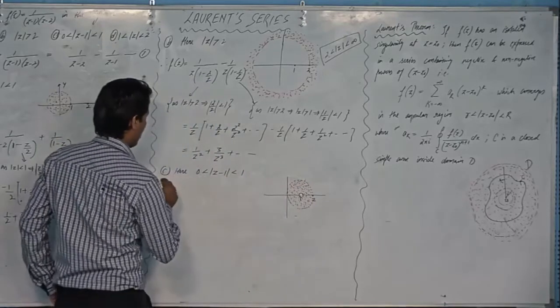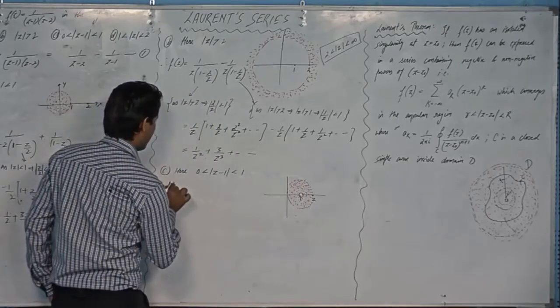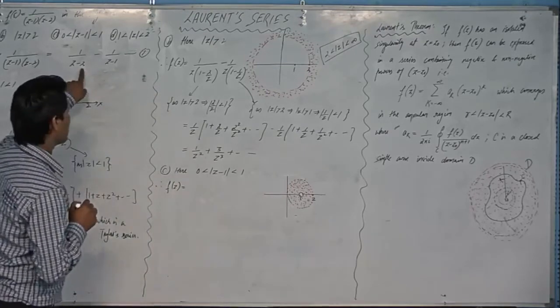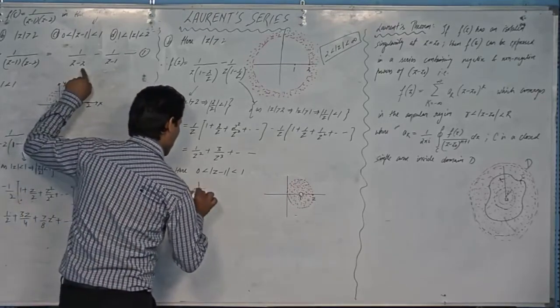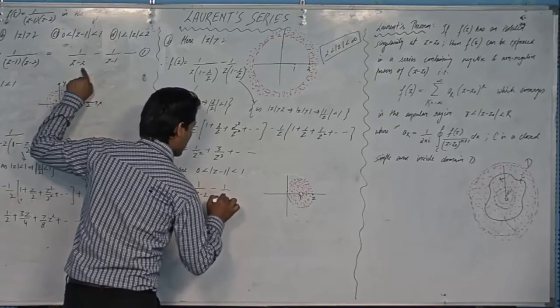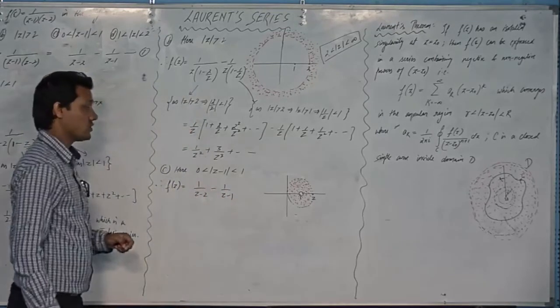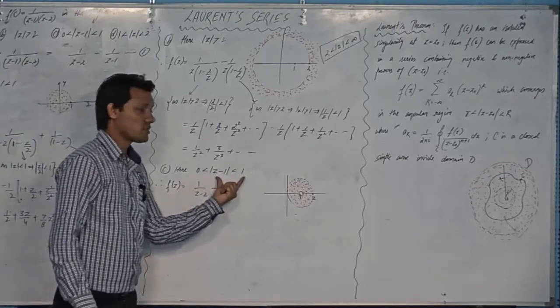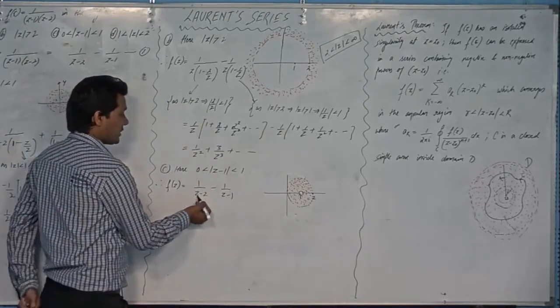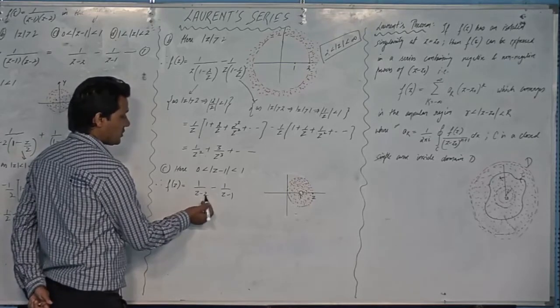Now, therefore, f(z) equals, where is your function? 1 over z minus 2 minus 1 over z minus 1, right? Now you actually have two circles this time, so be careful at this point. Take a decision whether I should take common z or 2.